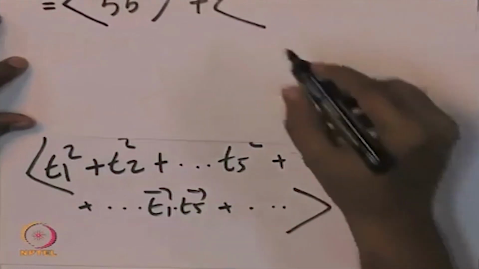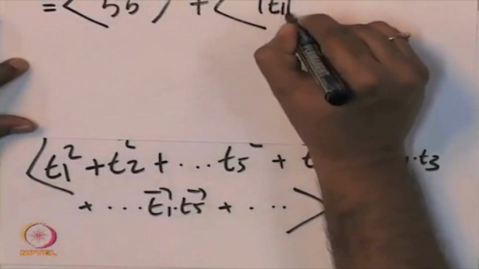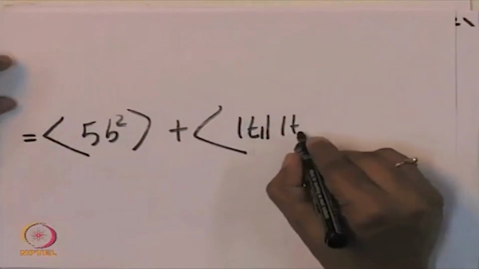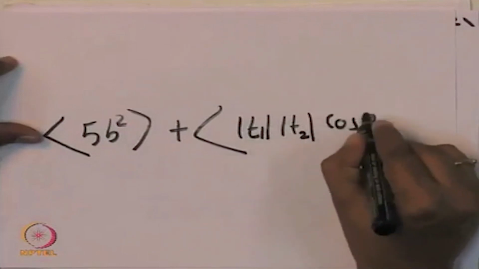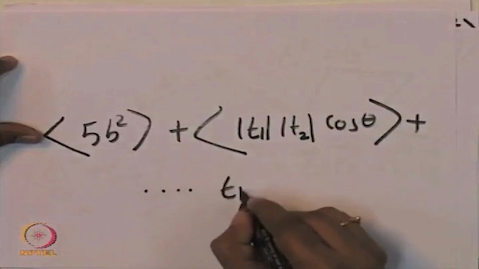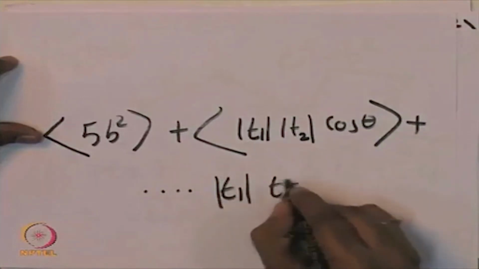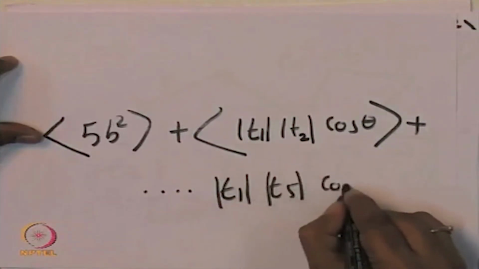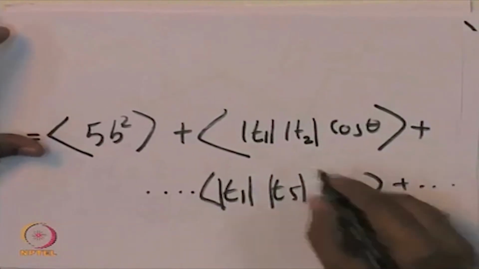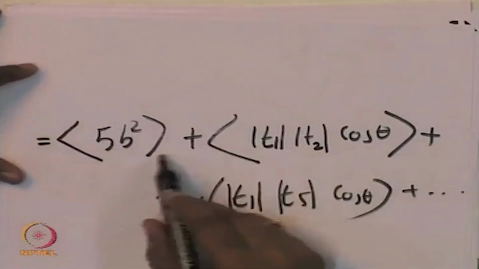So, this is basically mod T1 mod T2 cos theta average, plus similarly mod T1 mod T5 cos theta average, plus dot dot dot. So, these are the other terms, and there will be 5 b square.